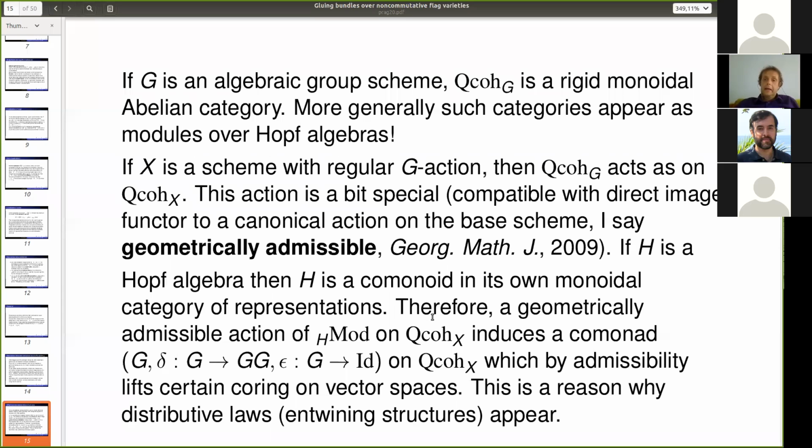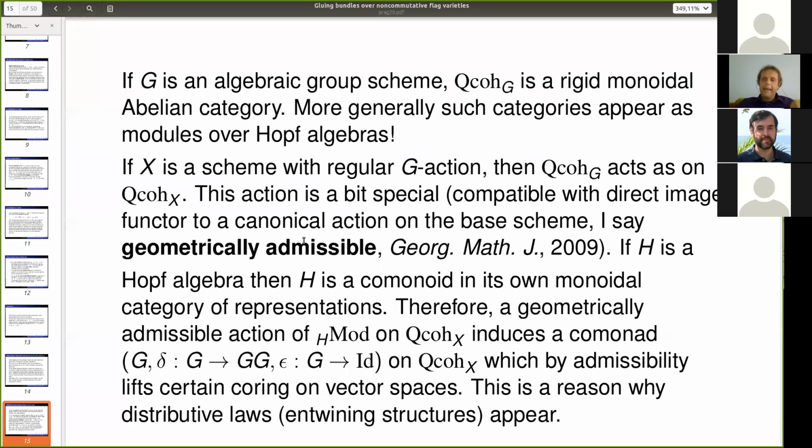And not every action of a monoidal category is really geometrical. It's not really coming from an action of a group. And similarly, generalizations like Hopf algebras also give categories of modules, which are also monoidal. However, there needs to be an additional thing. You see, before I said that you have to work over a base. Grothendieck was always saying work relatively.